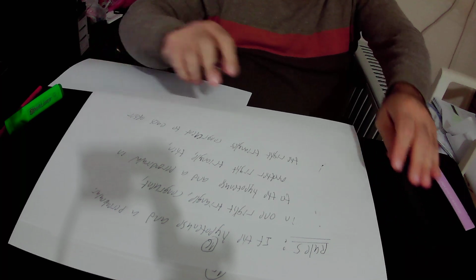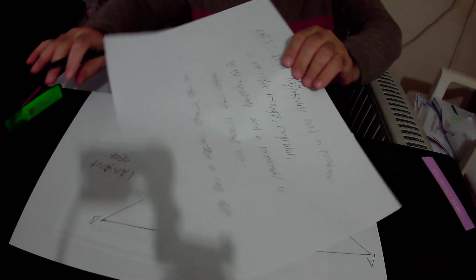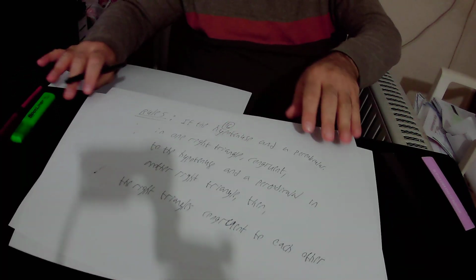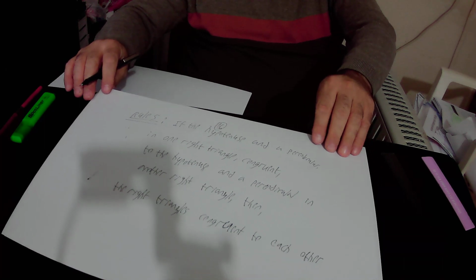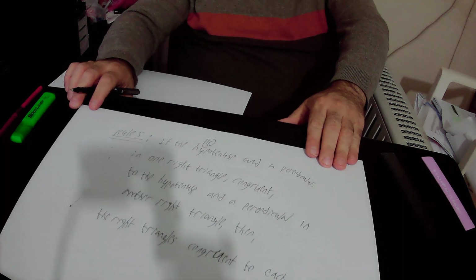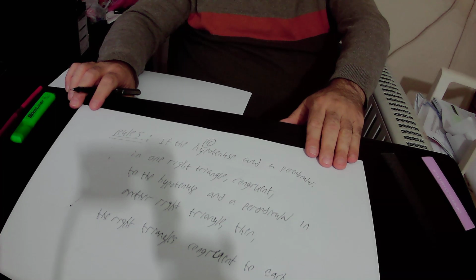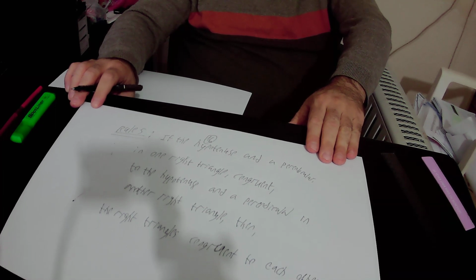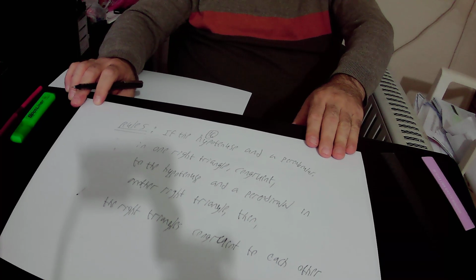So I will read rule number 5 again. Rule number 5 says that if the hypotenuse and the perpendicular in one right triangle can go into the hypotenuse and the perpendicular in another right triangle, then the right triangles can go into each other.